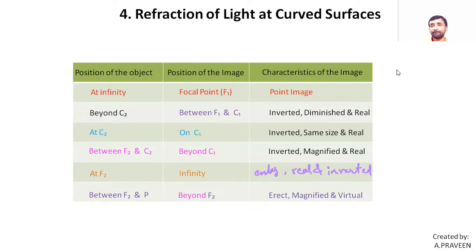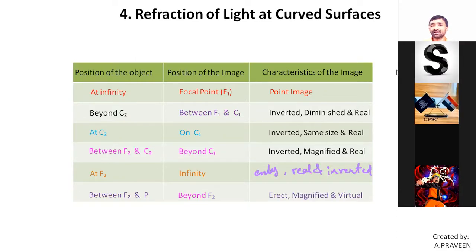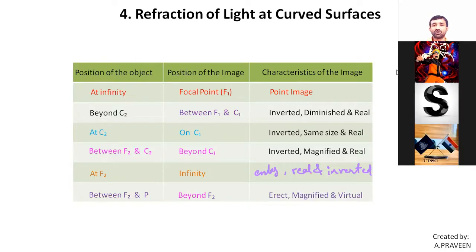Are you following? Sir, why are you taking this random order, sir? Why not follow the same positions: infinity, beyond, at, between, at center, and between P and F? See here, I will show you why. Suppose the object is placed at infinity, I get the image at F1.